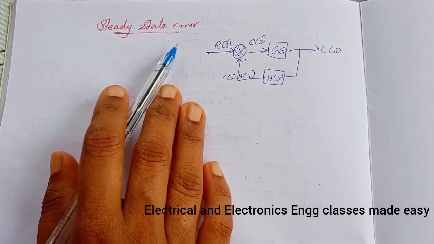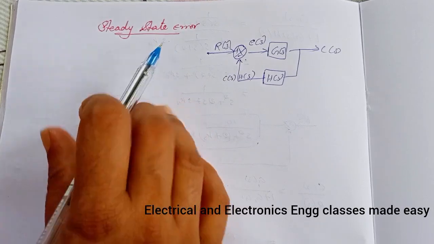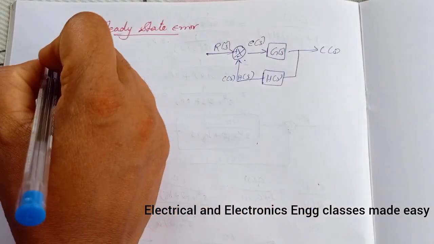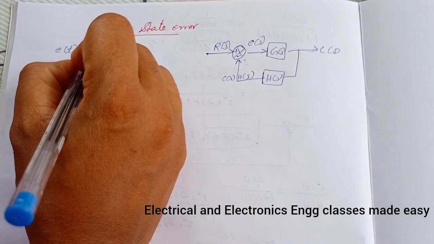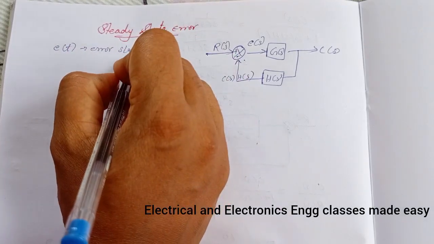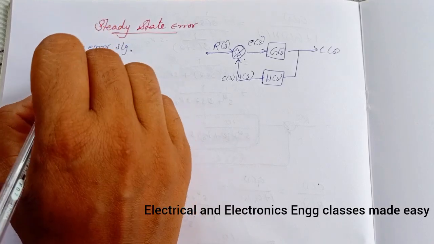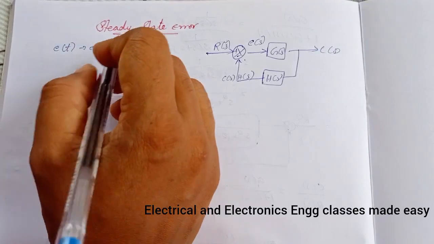Next is steady state error. The steady state error is the value of the error signal e(t) when t tends to infinity.